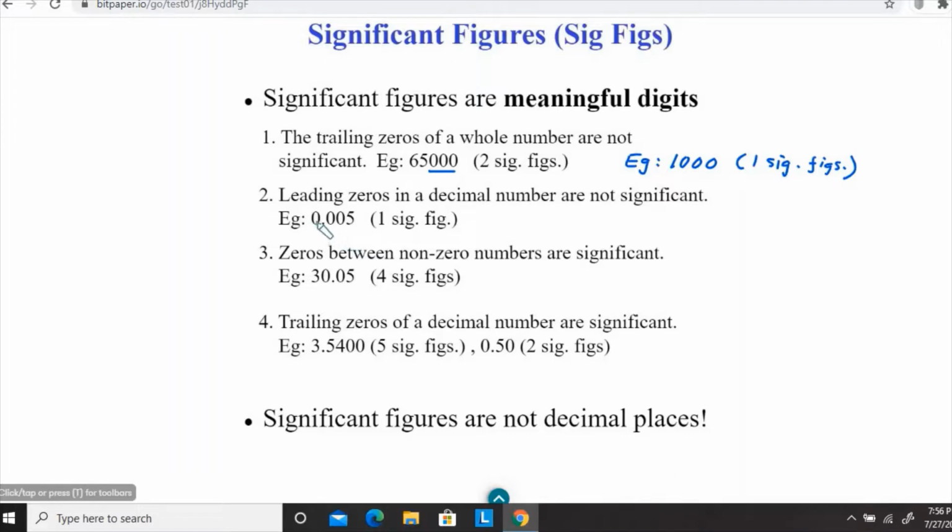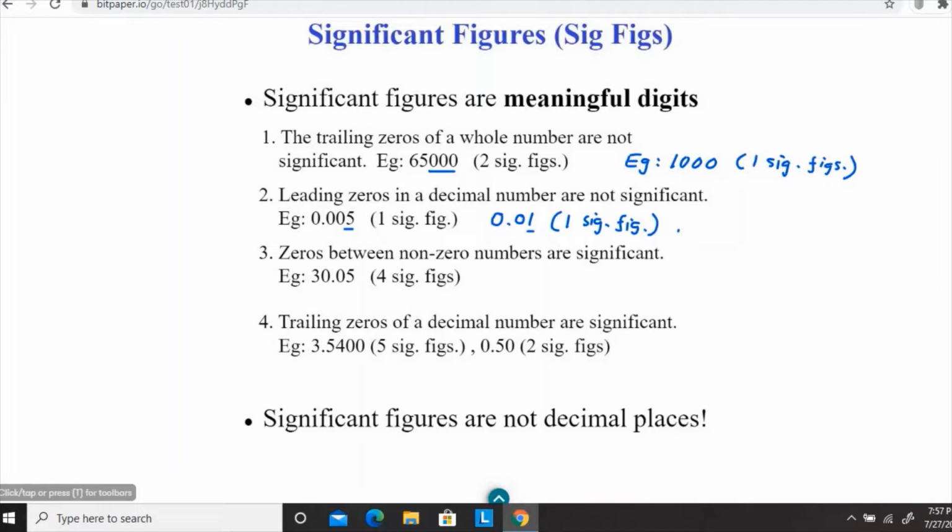Here you have 0.005. There's only one significant digit, that is 5. For example, if you have 0.01, then again you have one sig fig, which is the digit 1.